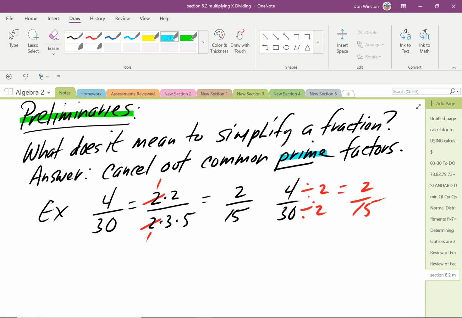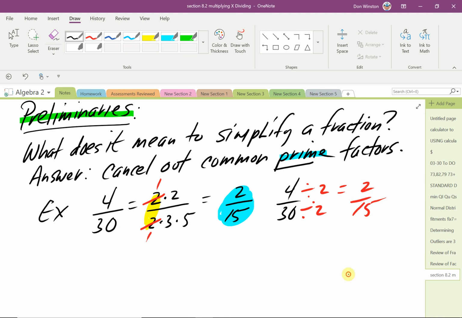But what you're really doing when you simplify a fraction is canceling out the common prime factors. And that's what we'll be doing when we simplify rational expressions.